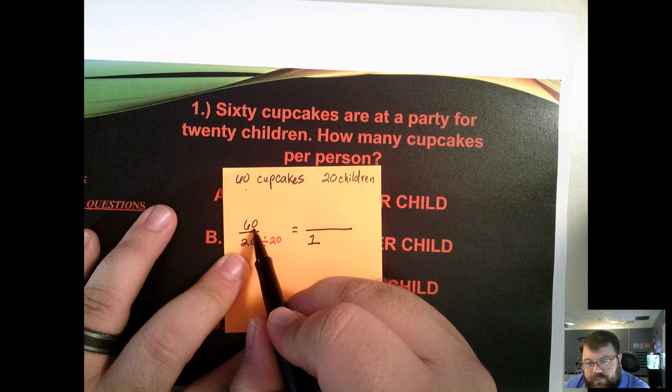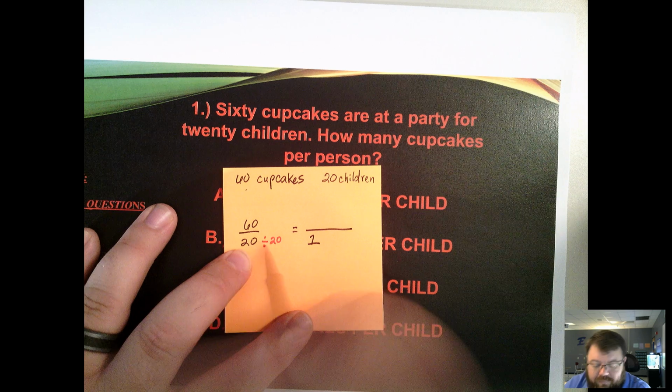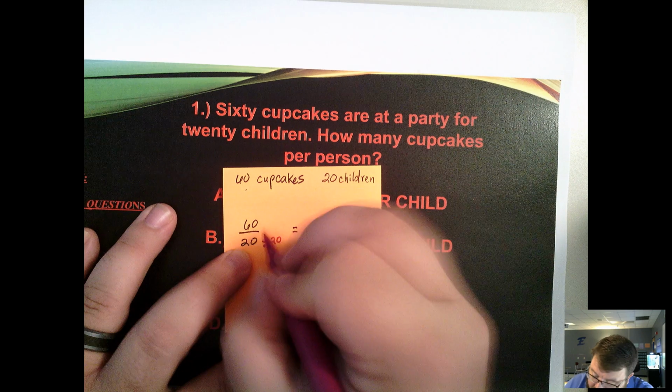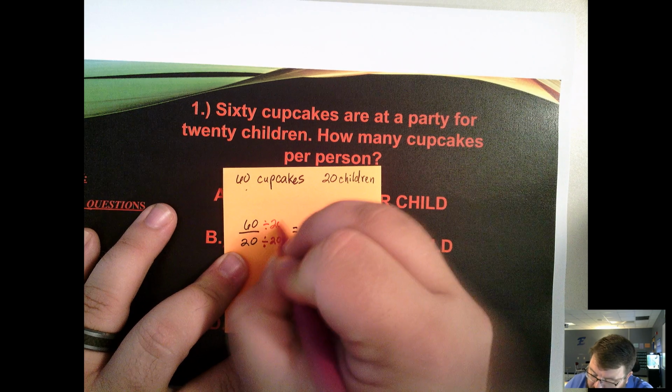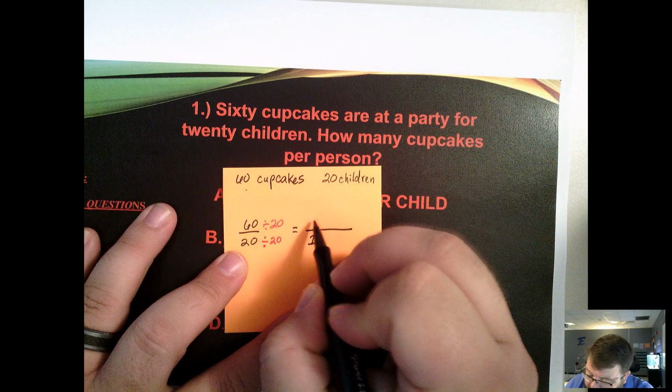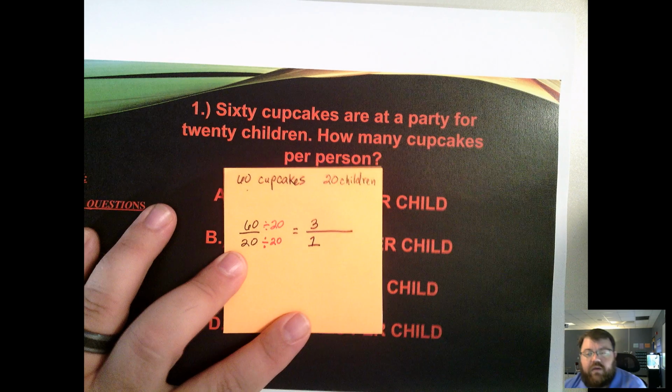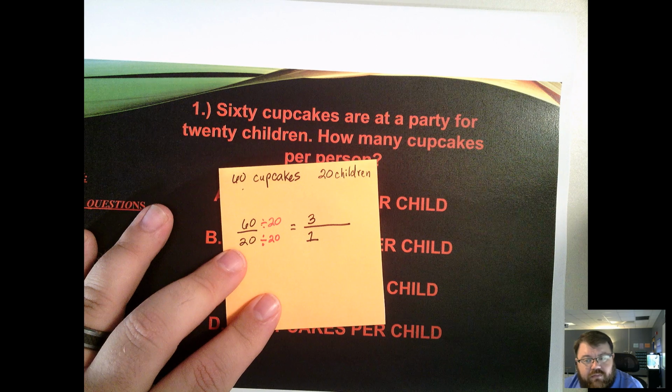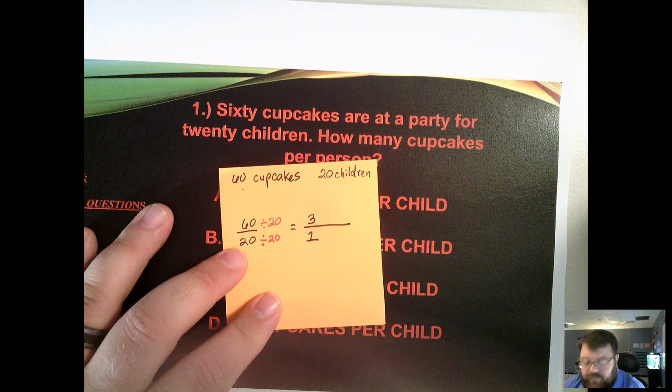$60. Remember, you got to divide it by 20 as well. 60 divided by 20 is going to be 3. Okay? Now, what does this mean? What's our units?